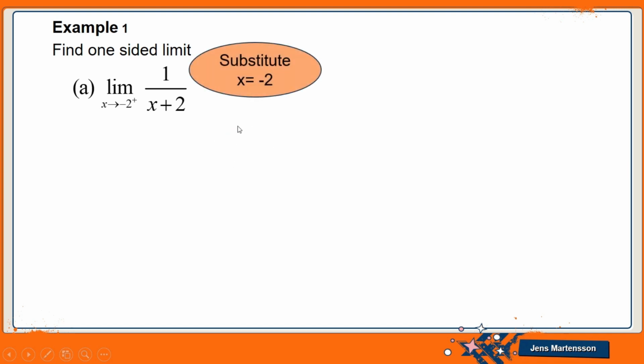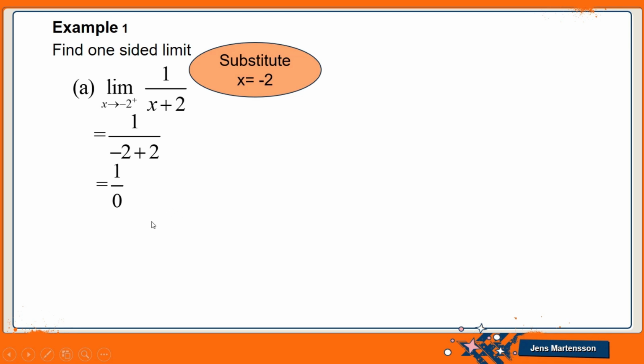First we substitute x equal to negative 2. We get 1 over negative 2 plus 2, and negative 2 plus 2 is 0. So the answer is 1 over 0, and for 1 over 0 we don't know the answer yet.